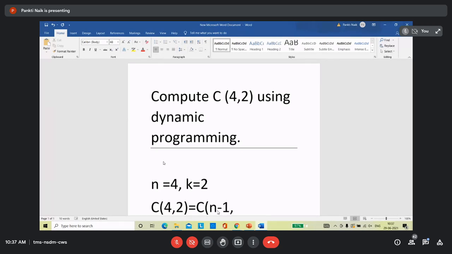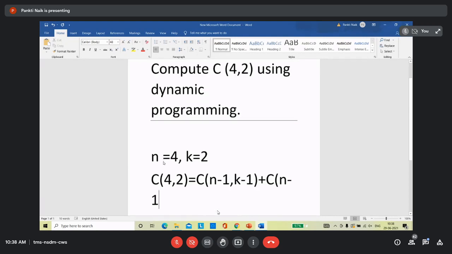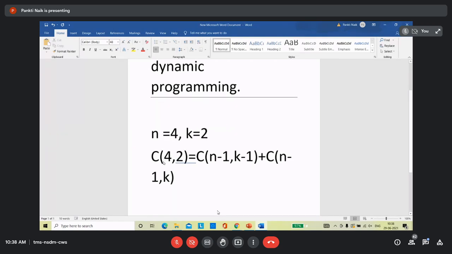What is the equation to find the binomial coefficient using dynamic programming? C(n-1, k-1) plus C(n-1, k). Right? So now put the value of n and k into this equation.